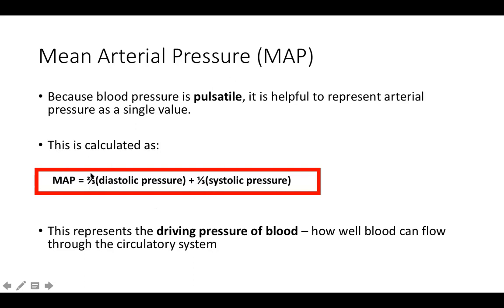So we take 2/3 of the value of the diastolic and we add it to 1/3 of the value of the systolic. And what this does is it gives you a single value that's an average of the two, and it represents the driving pressure of the blood. How well is blood flowing through the circulatory system? We calculated the strength of the pressure wave with the pulse pressure, but this is more about how well blood flows through the circulatory system.